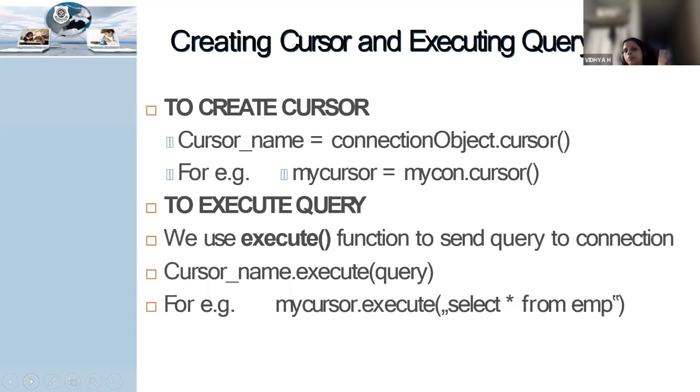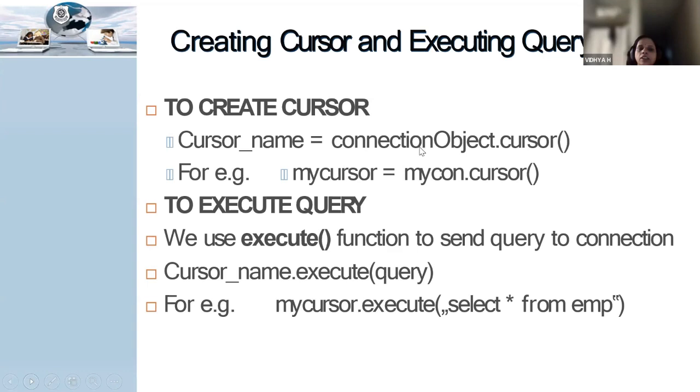So here is the example for showing the output. See here, for our SQL connection, we are using the object to make the SQL query.